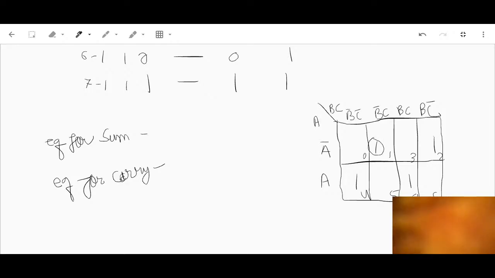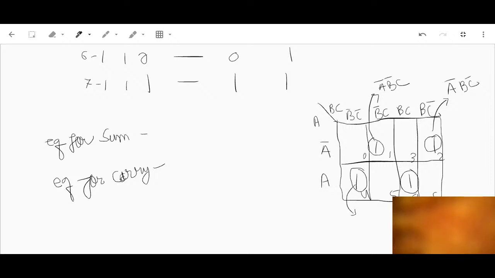After that we have to find the common between the inputs. So there are no common inputs here, so we have to write as it is, like A bar, B bar, C. This will be like A bar, B, C bar.